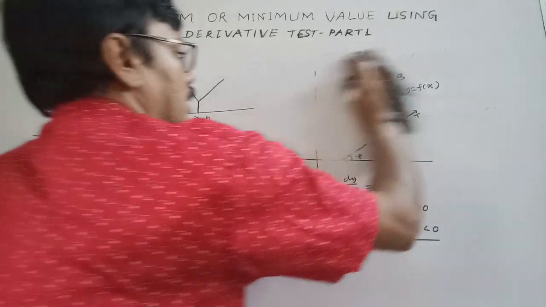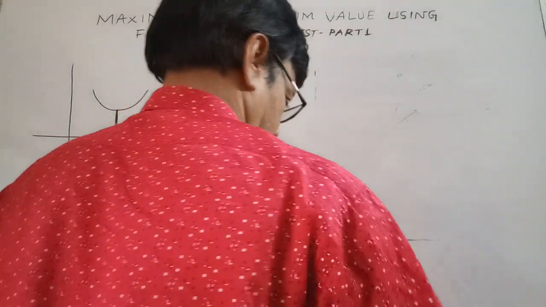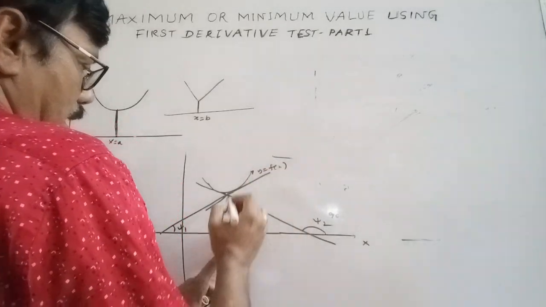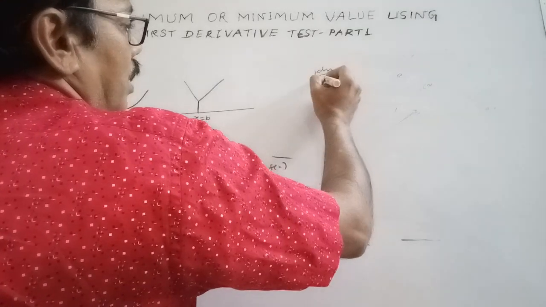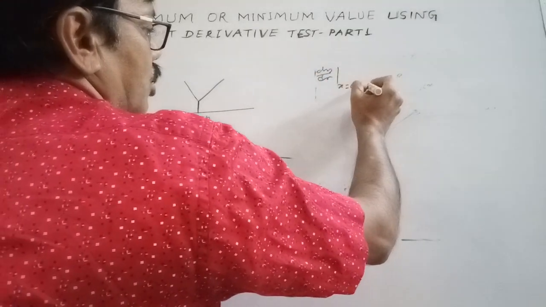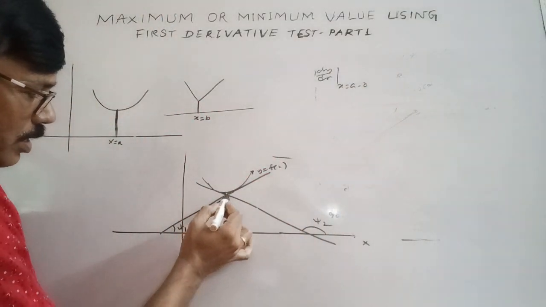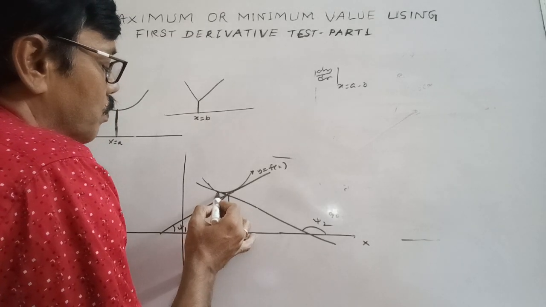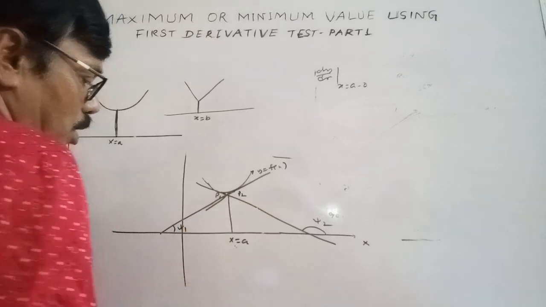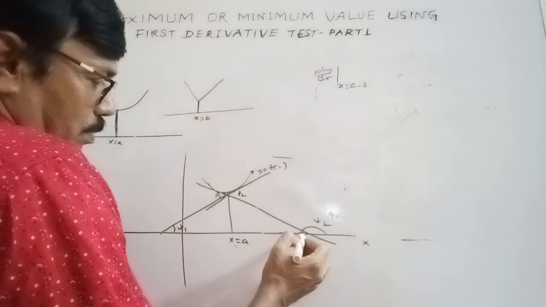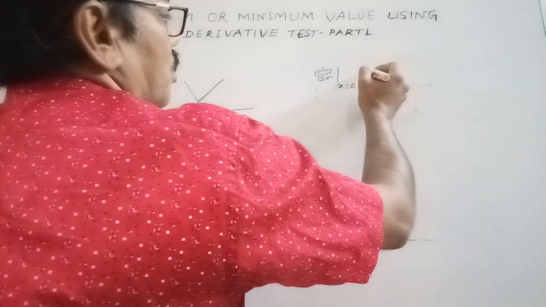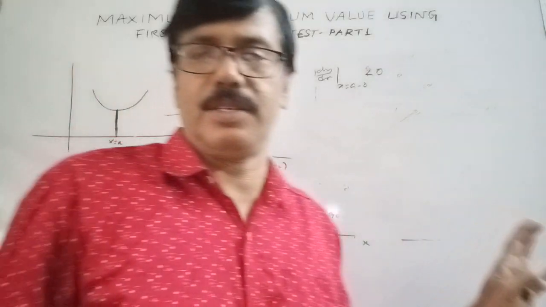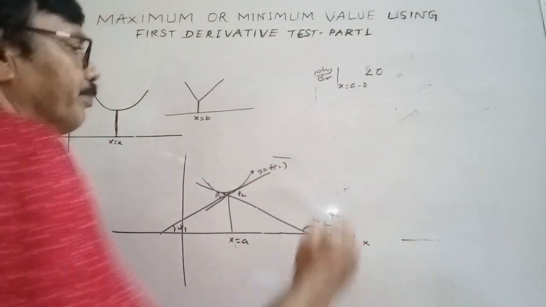So what we are getting, look, at x equals a, in the neighborhood of a, that is a plus, dy by dx at x equals a minus, that is left of this. Suppose P1 and this is P2. So at a minus, the tangent makes psi 2 and this is obtuse, so dy by dx is less than 0.